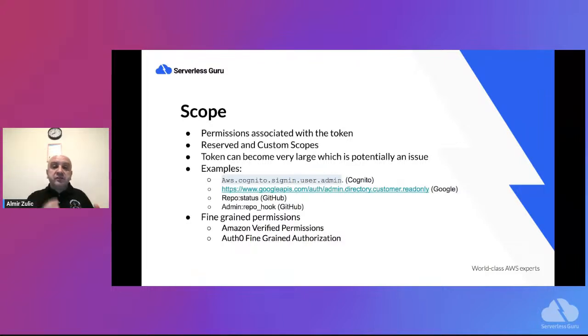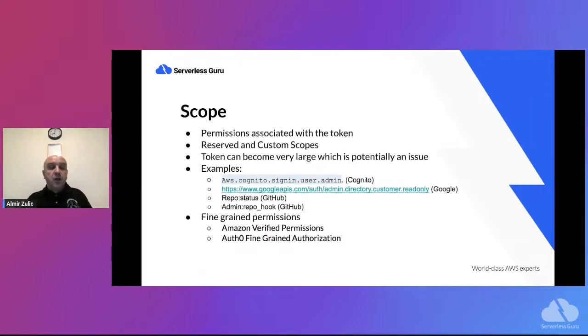So there are reserved scopes and custom scopes. When you are using third-party services, there are reserved scopes that you cannot define, because they are reserved for the internal APIs, but you can define your custom scopes, and scopes should be used only to limit your application.